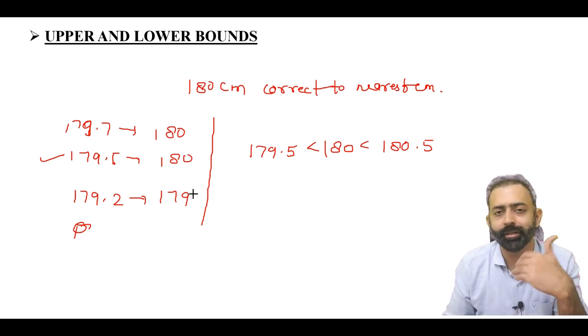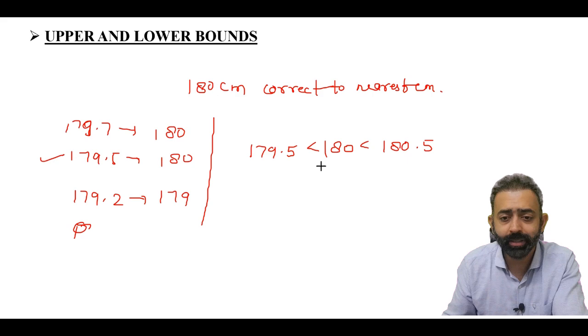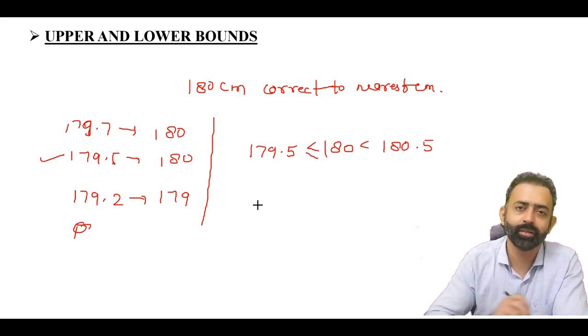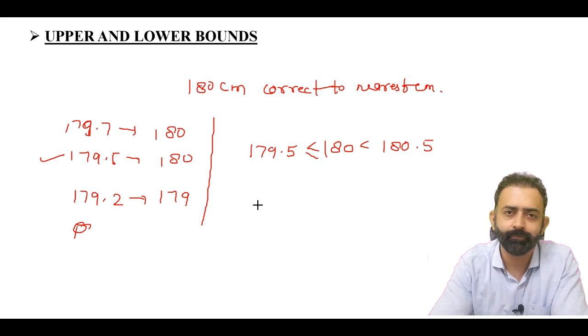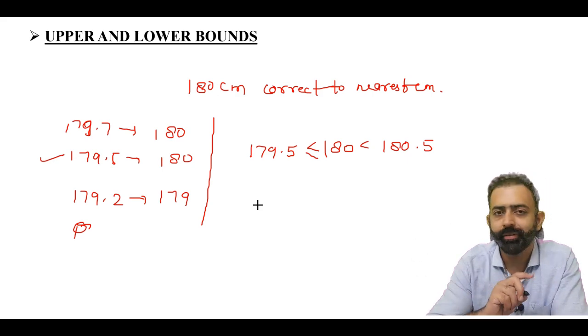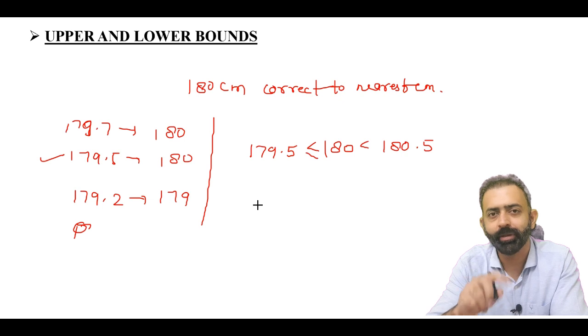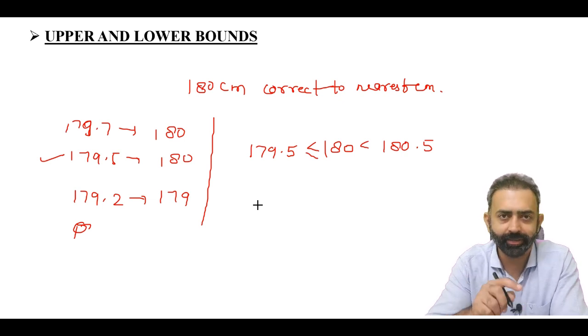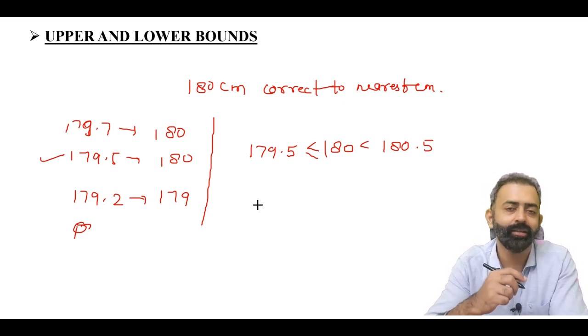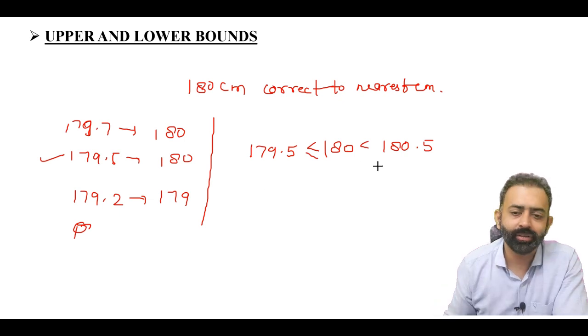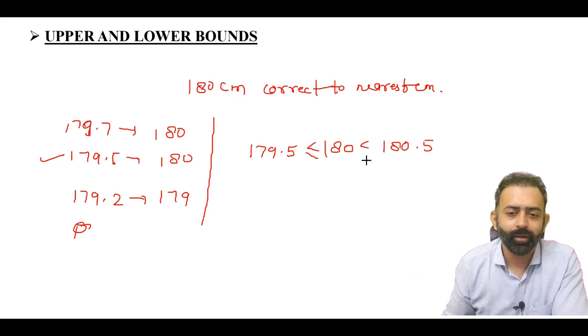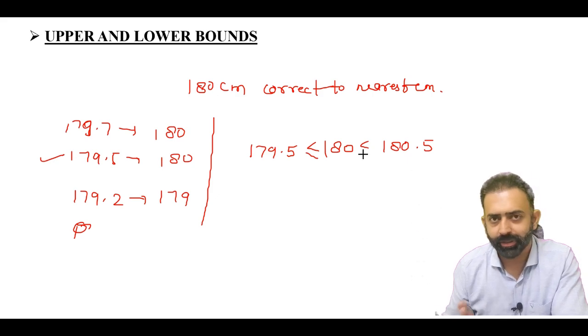The nearest centimeter is 180. That means this value has to be included in the inequality. But 180.5 has to be excluded because that will be rounded to 181. The next nearest centimeter to that is 181. So this inequality excludes the value 180.5. Okay, so this is the inequality.